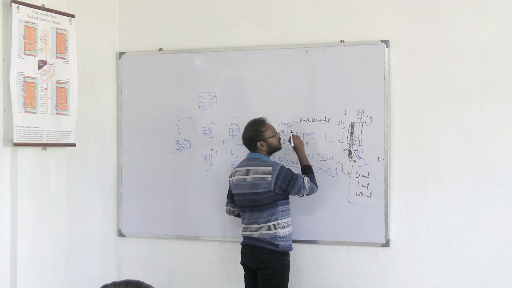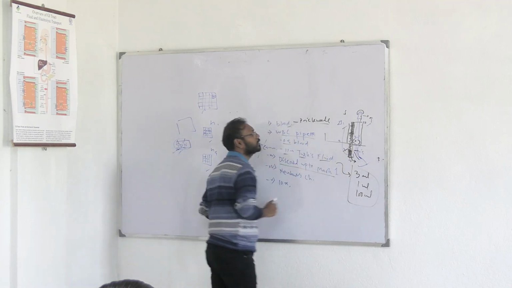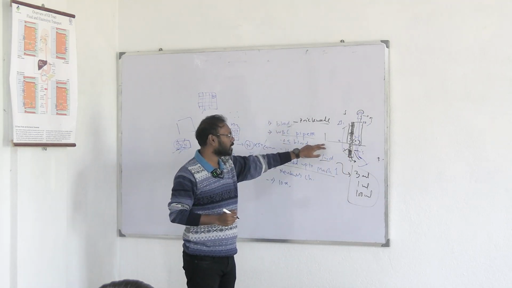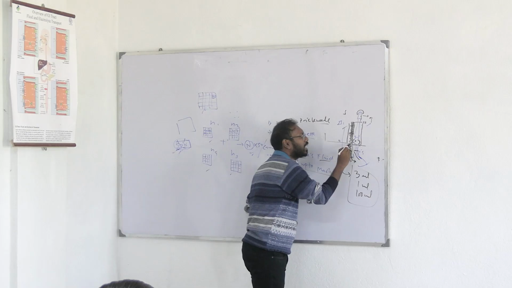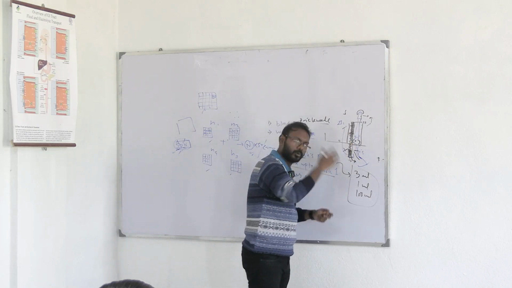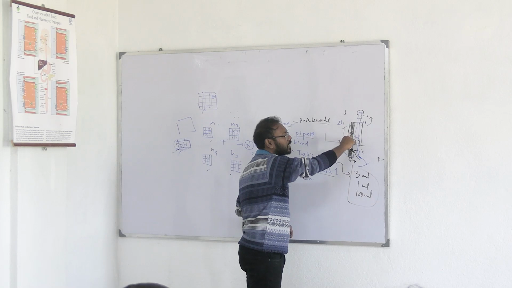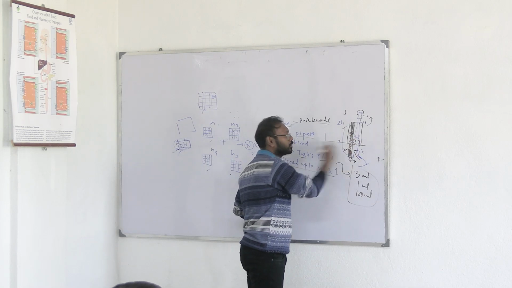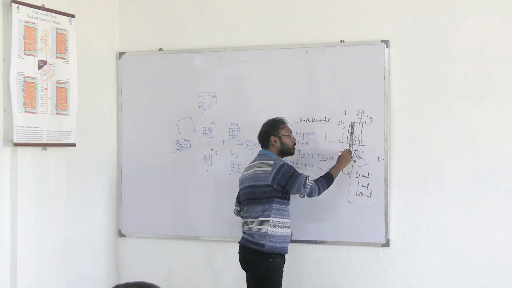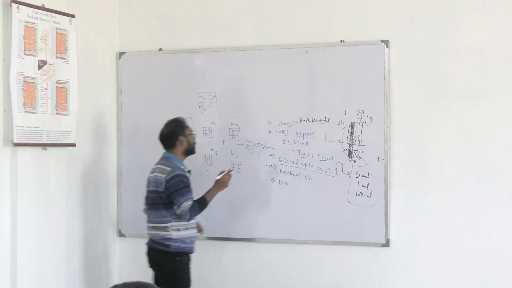It will be your purpose to keep the fluid up to this 1. Whatever is above that, you have to remove. How? Blow from the top, the fluid volume will gradually fall, and when it comes to 1 you should stop. Then the remaining fluid you will charge into your Neubauer chamber.